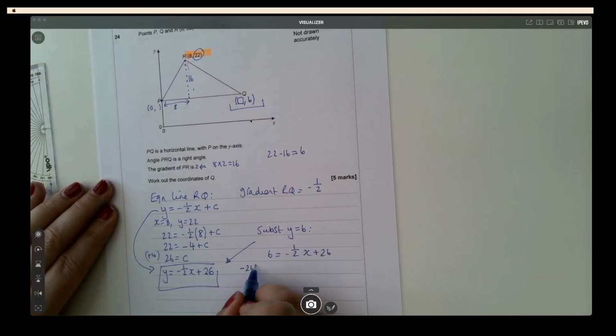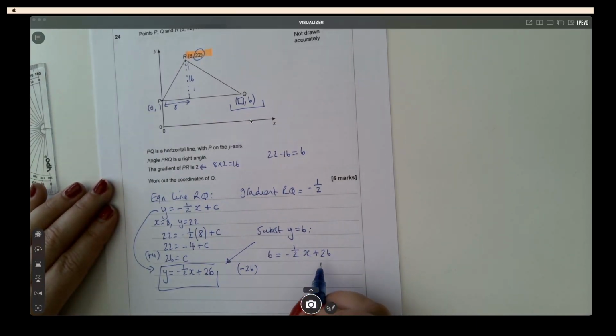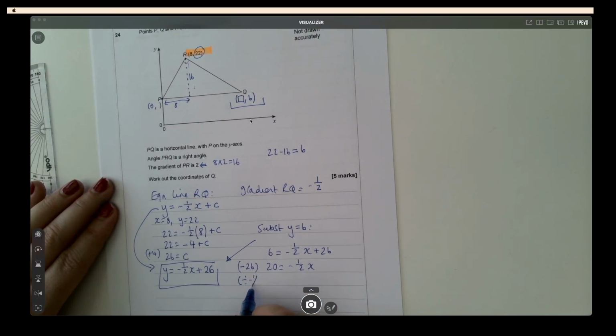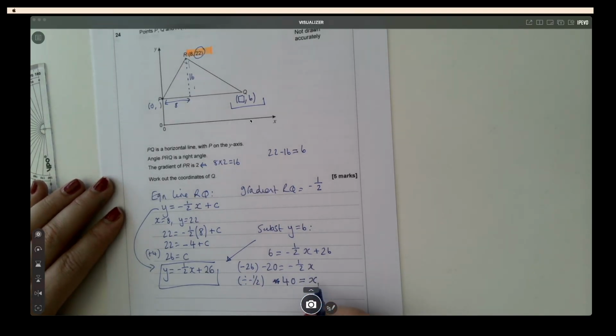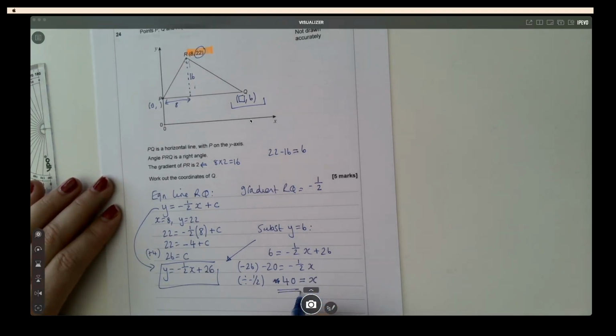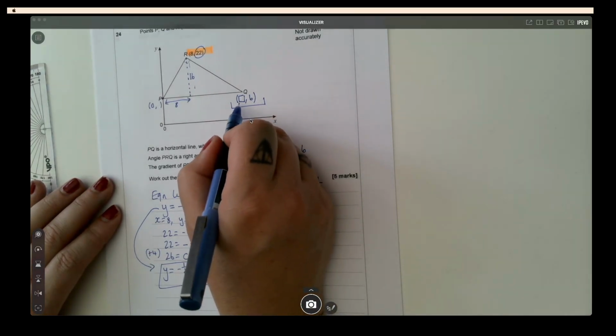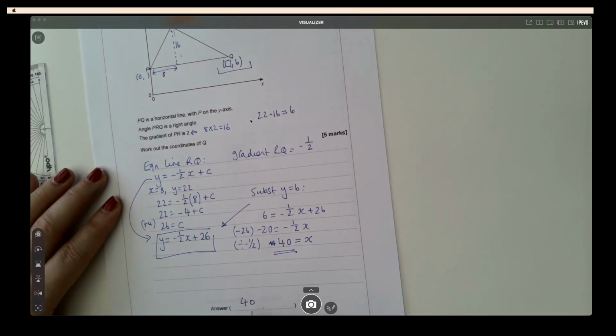If we subtract 26, so 6 subtract 26 is -20. And then we're going to divide by -1/2. So when we divide by -1/2, it gives us +40. So x is 40. So Q has an x coordinate of 40 and a y coordinate of 6.